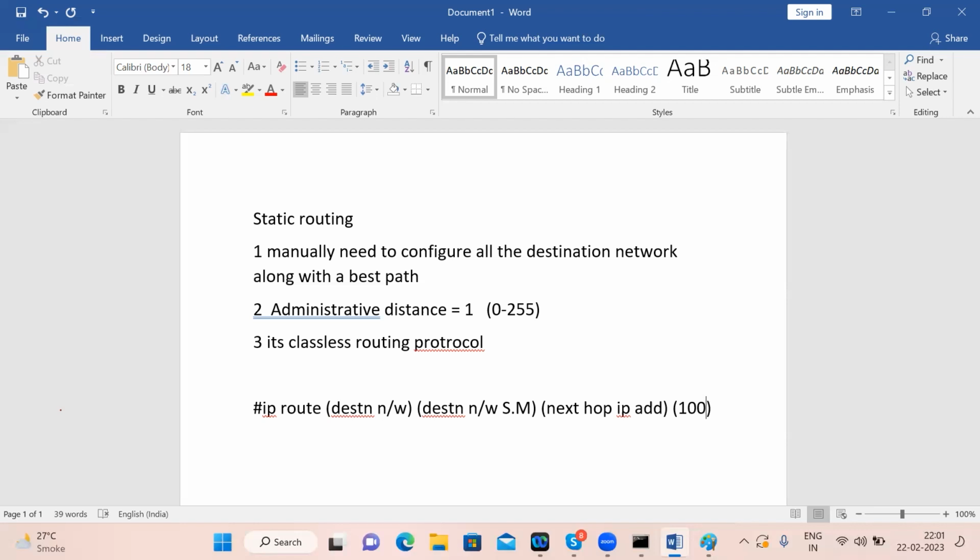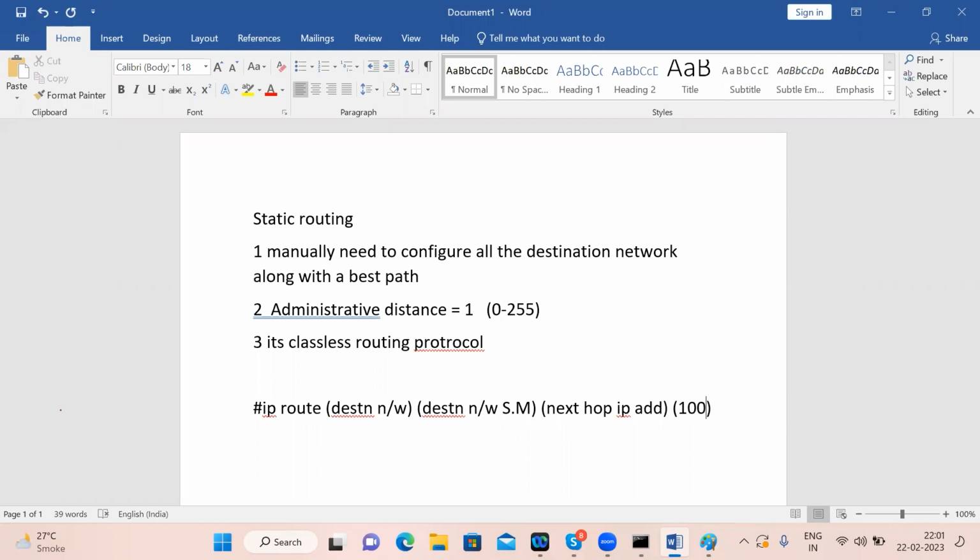So tomorrow we will. Tell me, sir, how to configure static routing? It will be IP route, destination network, subnet mask. Okay, do one thing, do it by yourself. If you get some error or are not able to do this static routing protocol, let me know.